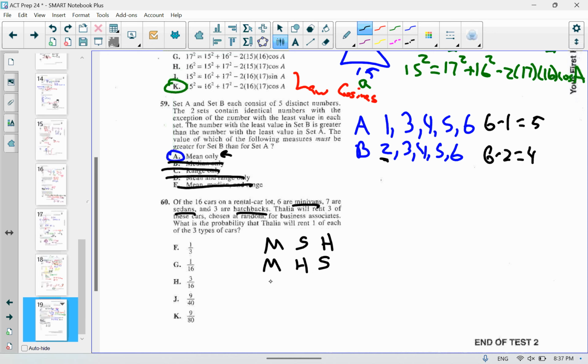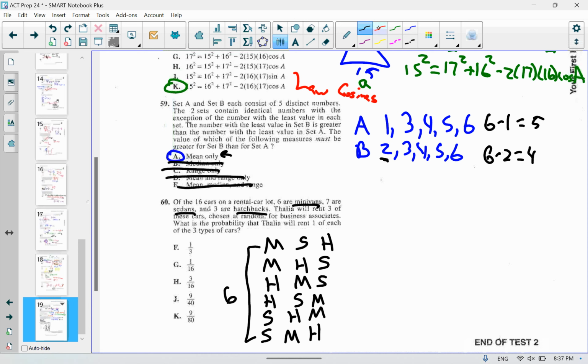I could have a hatchback first, and then a minivan, and then a sedan. I could have a hatchback, sedan, then a minivan. I could have a sedan, hatchback, and then minivan. Or I could have a sedan, minivan, and hatchback. All 6 of those options, at the end of the day, give me one of each, which is kind of interesting.